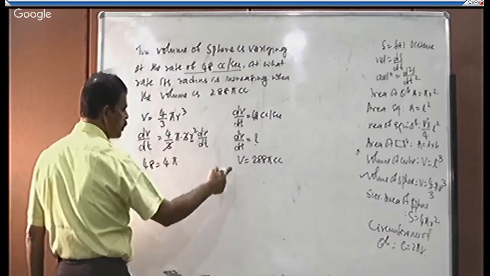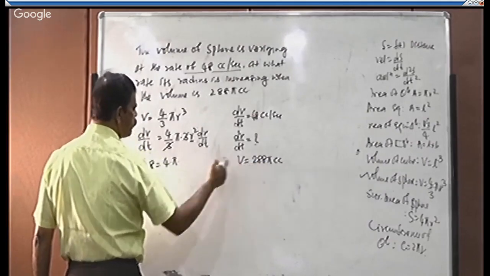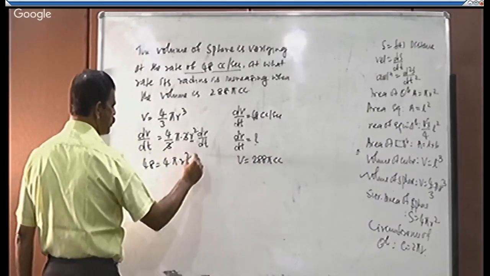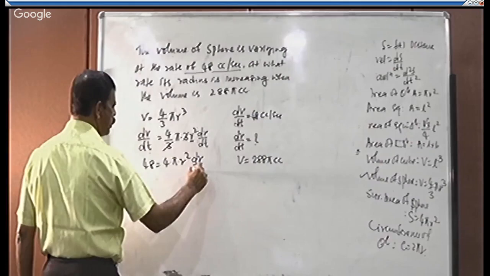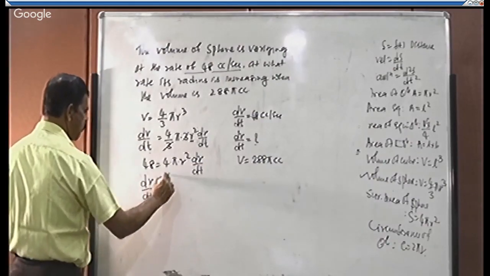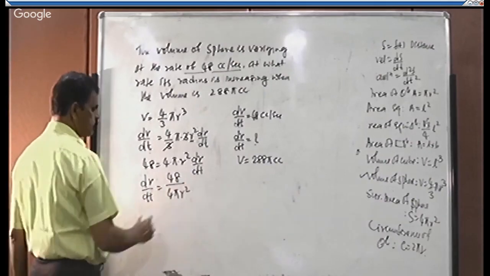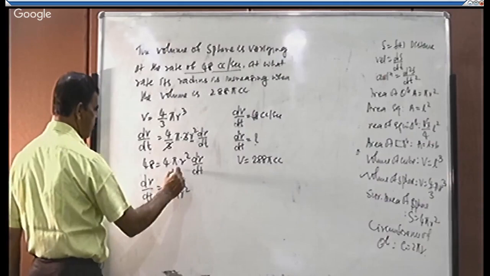Here r is not given. What is given? V is given. Just take r square as it is. Therefore, dr by dt is equal to 48 divided by 4 pi r square. 4 1 is 4, 4 12 is 48.